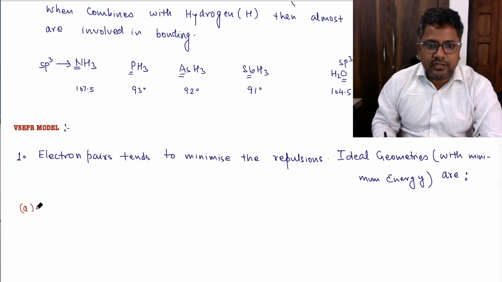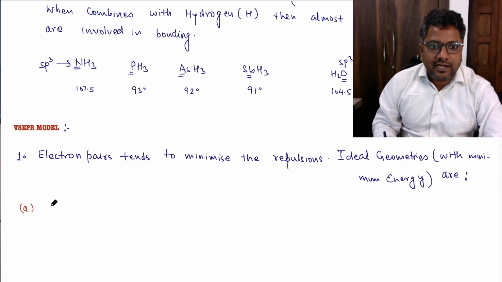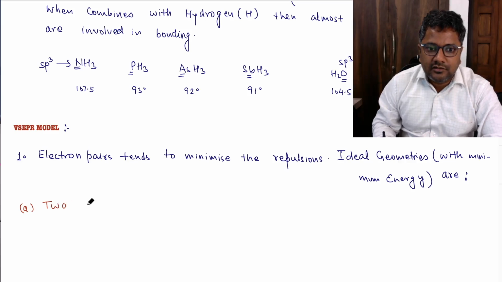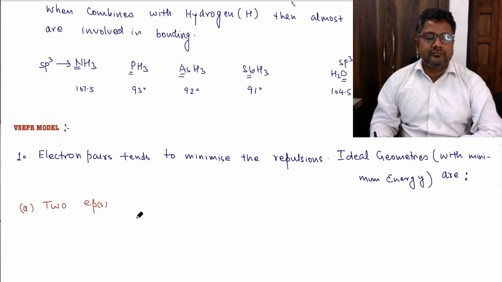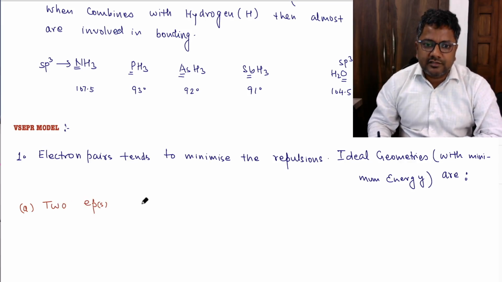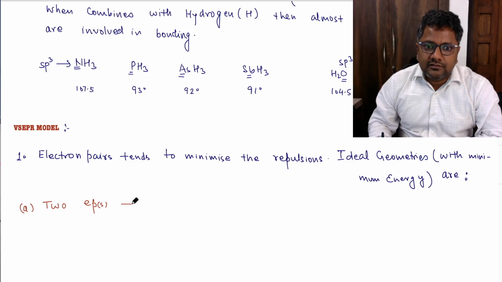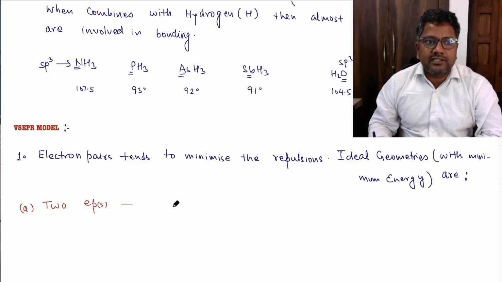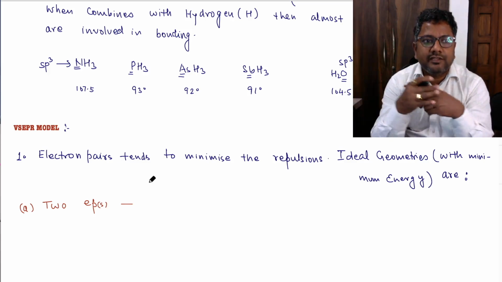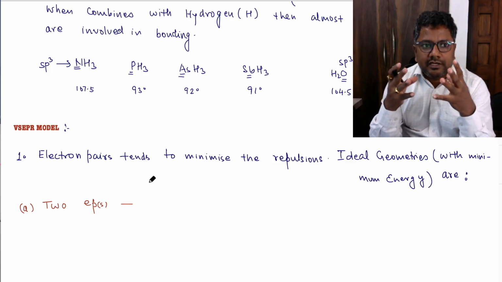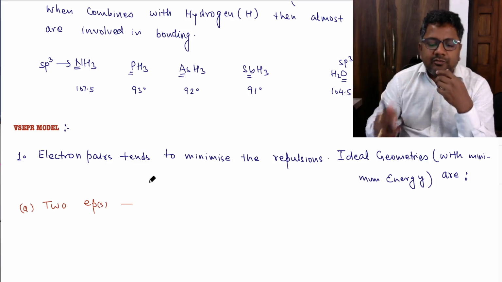If the central atom of your molecule has two electron pairs, then what should be the maximum distance between them to have the minimum repulsion?